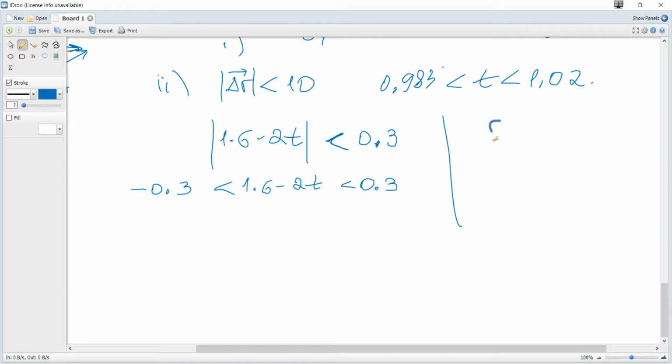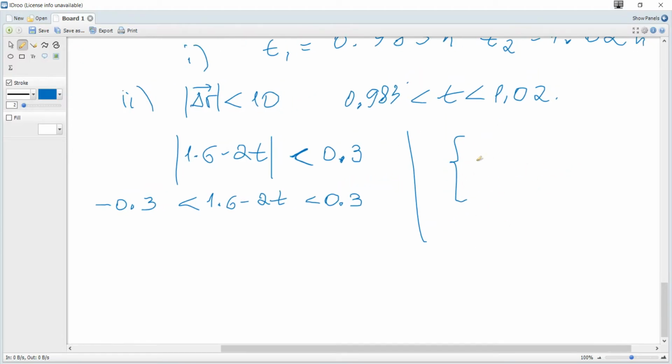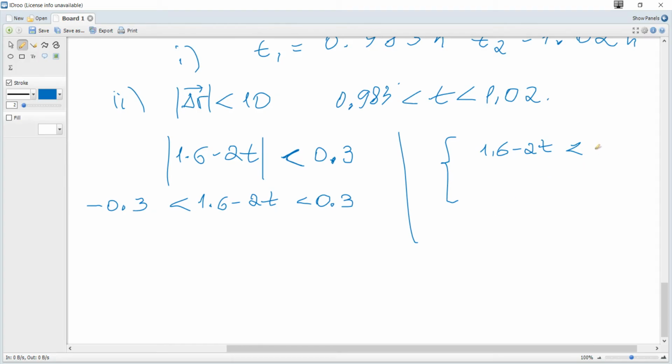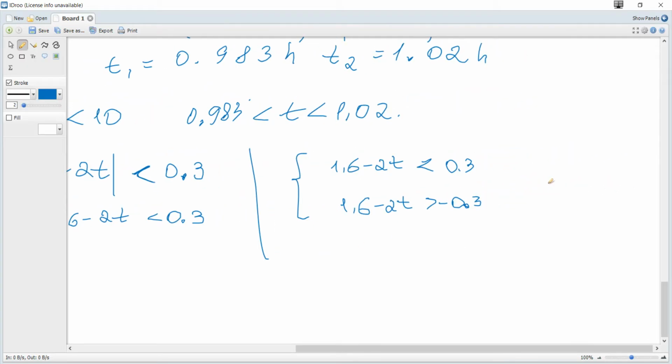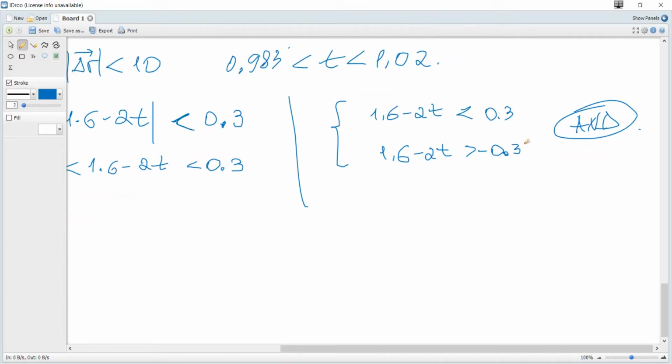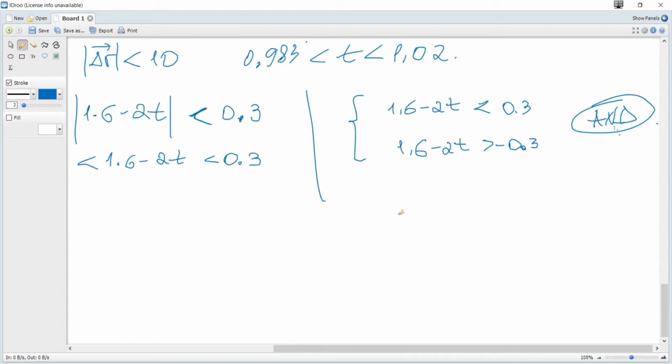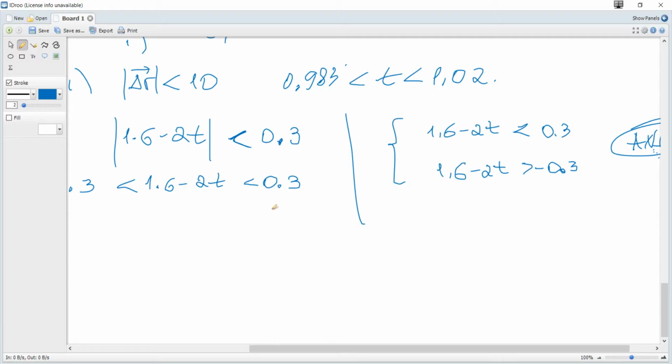Or you may consider simultaneous inequalities: 1.6 minus 2t is less than 0.3 and 1.6 minus 2t is greater than negative 0.3, and you should take the intersection, not add the solutions. And why do we consider such two inequalities?